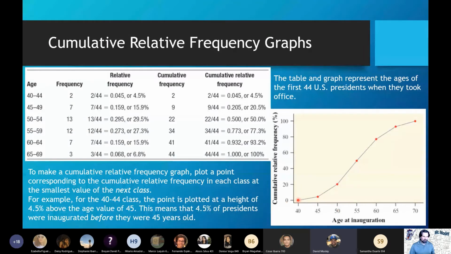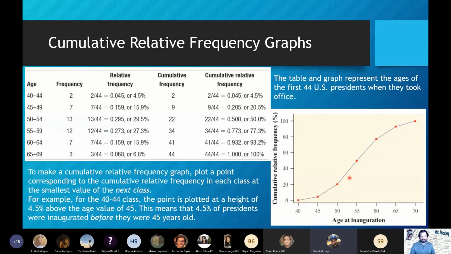Notice that we do have a point at the very beginning at 0, at the smallest value of the first class, 40. Which means there are no presidents of our 44 presidents in this sample that were younger than 40 when they took office or were inaugurated.